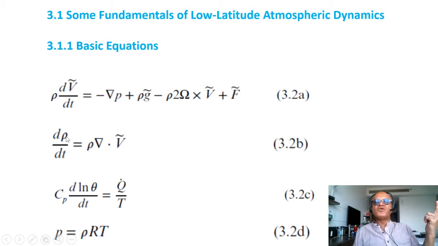So rho, if rho is only a function of time, then you would write it as d rho dt, but in this case it's actually partial rho partial t plus u d rho dx plus v d rho dy plus w d rho dz.